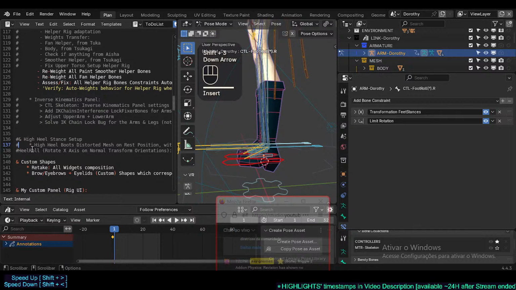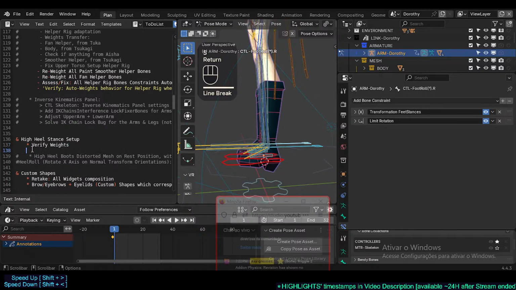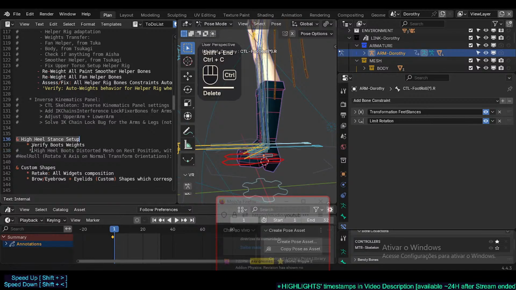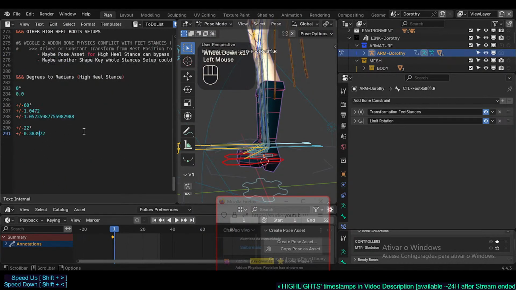But there's still one thing that might be: verify weights, and finally this will be just a matter of notes.